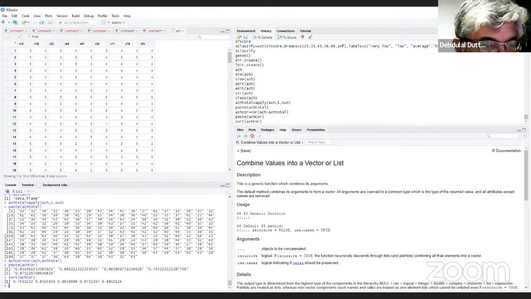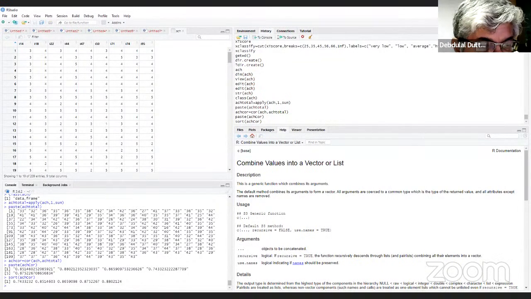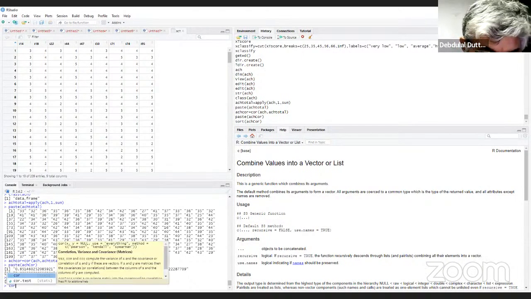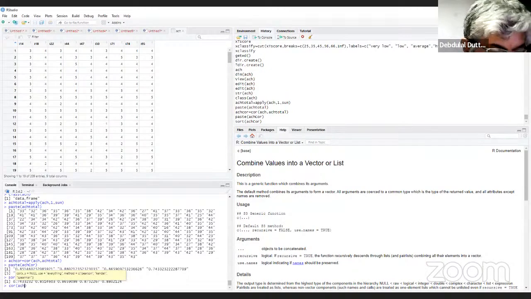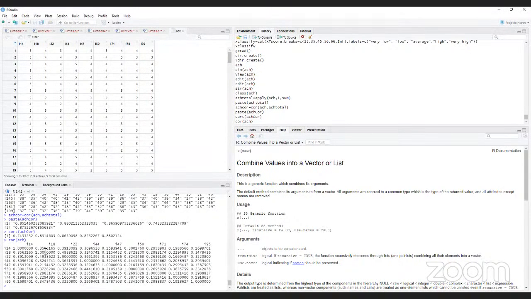If you want to know the item correlation, that will be different. But here I am talking about the item total correlation. If I write COR in bracket ACH, this is the item correlation. Is it clear?